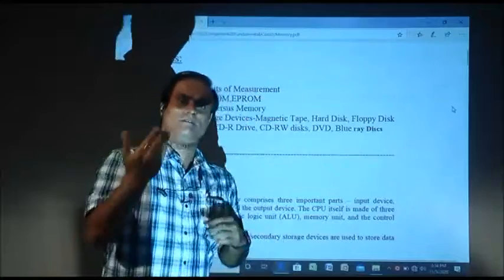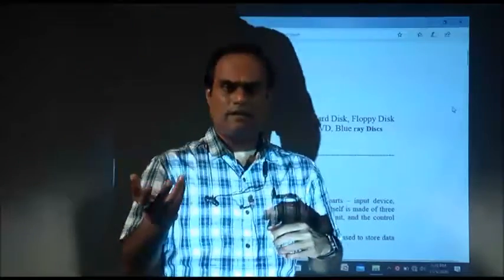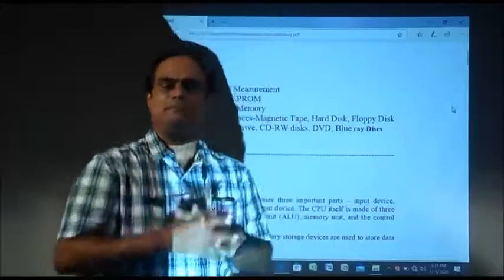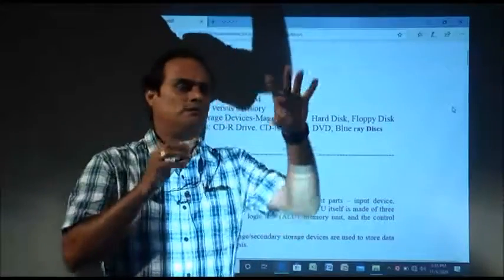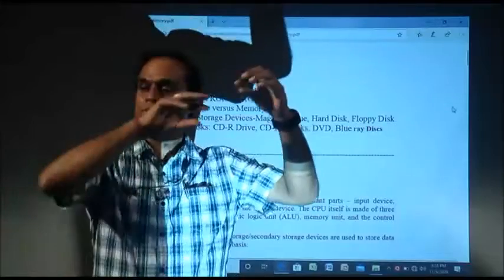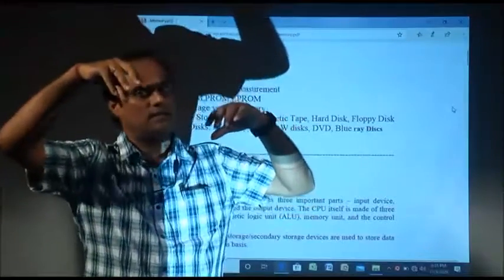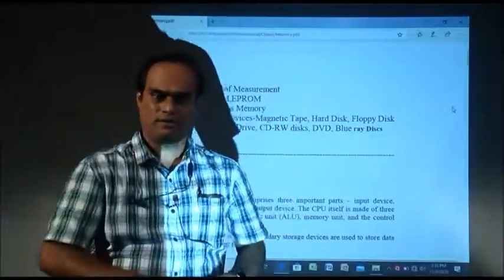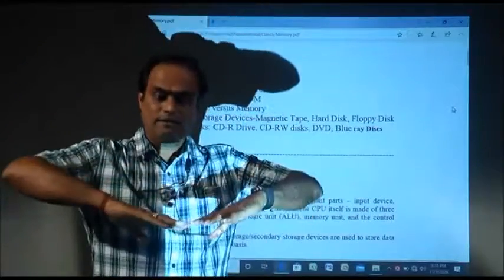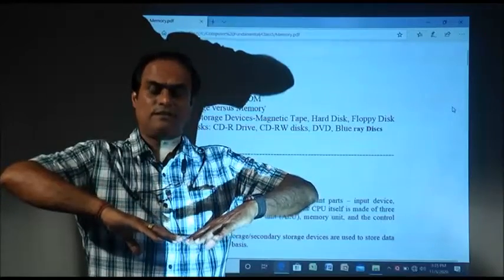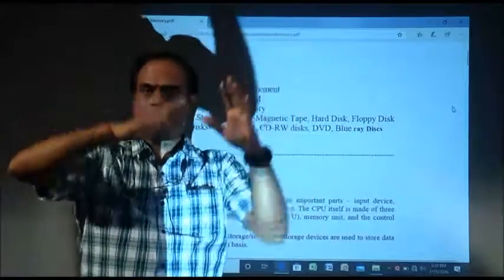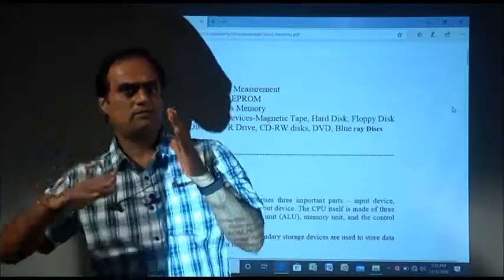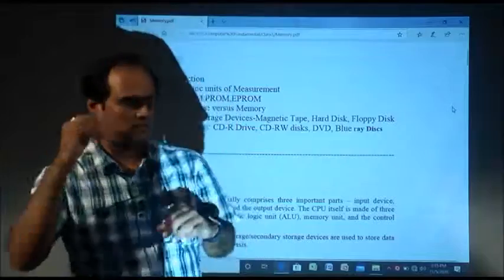But the computer should have a memory system, because to keep the input data and input instructions, and when executed, the output data or output instructions, everything is stored temporarily inside the main memory. When the instruction data is more, we go for another memory, a secondary memory. That is different, we will discuss it later.